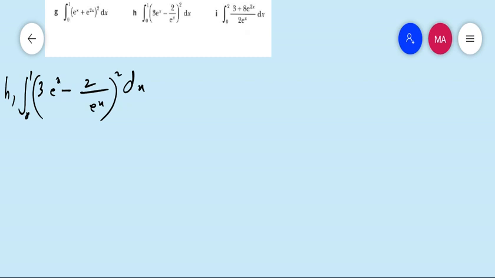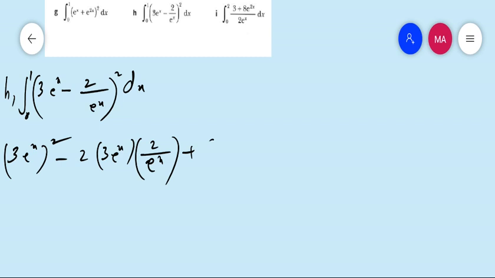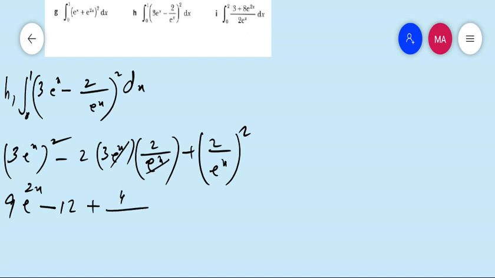Again we have to apply the (a minus b) whole square formula: a square minus 2ab plus b square. 3eˣ square is 9e²ˣ, minus, eˣ cancel by eˣ, 2 3s are 6, 2s are 12, plus 2 square is 4 upon e²ˣ.